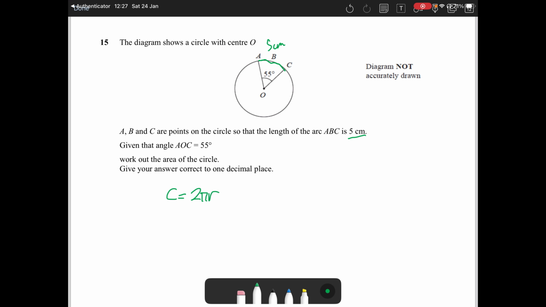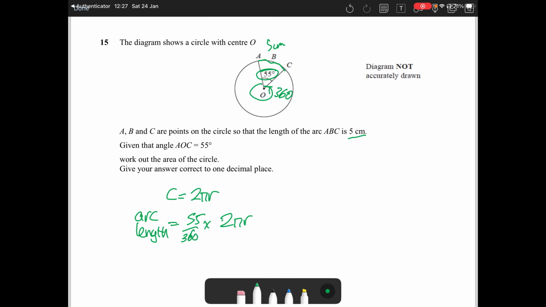I know that we're only given the sector area. Now, arc length takes that and says, well, it ain't 2 pi r, is it? We've only got 55 degrees out of a possible 360. So let's just write that as a fraction: 55 out of 360 multiplied by whatever 2 times pi times r, the circumference, would be.